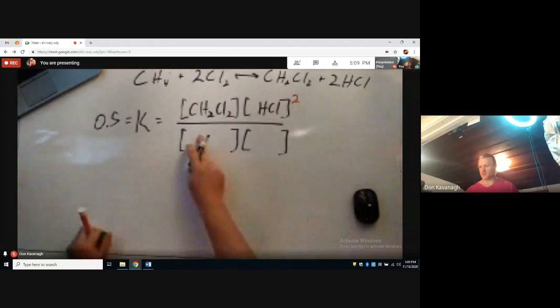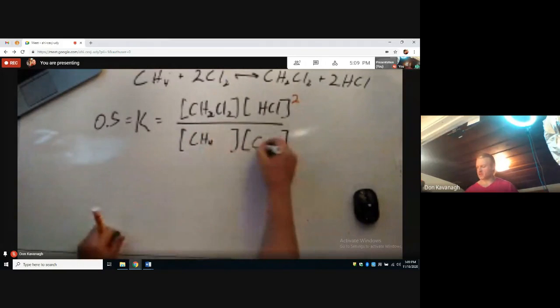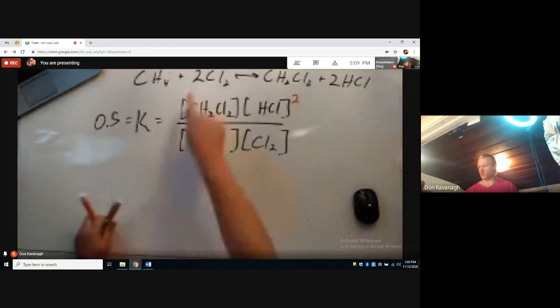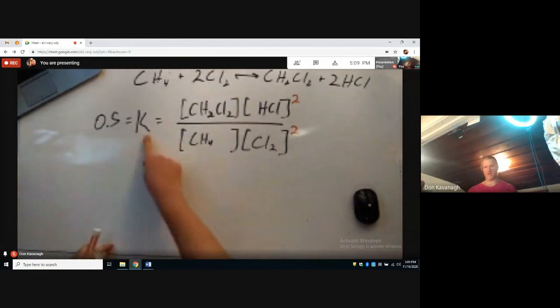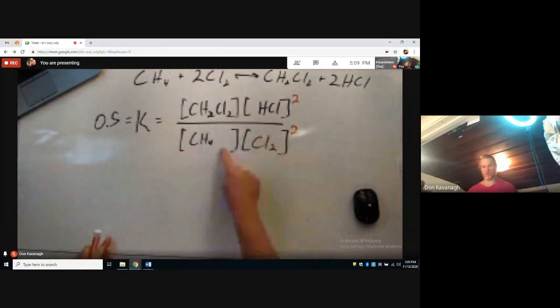Down here are our reactants, CH4, Cl2, and we're going to square the molarity of Cl2. We know the value of K. Let's plug in what we know here and find out what's unknown.